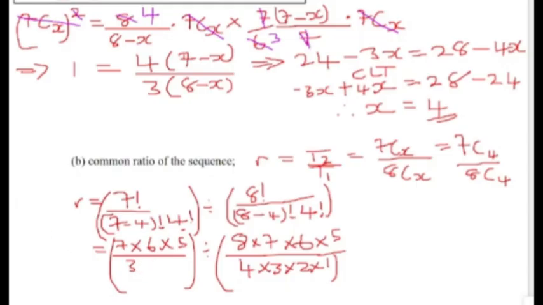I can replace 3 factorial with 3 times 2 times 1. So basically this cancels this. 8 goes away with this 8 here. Then 3 cancels 6, making it 2. So we've already found that.